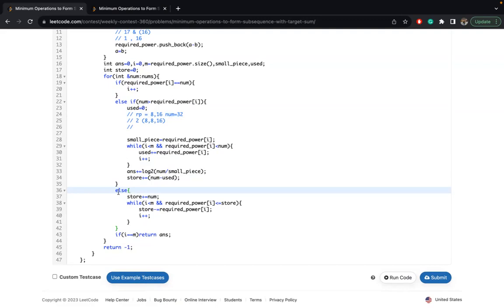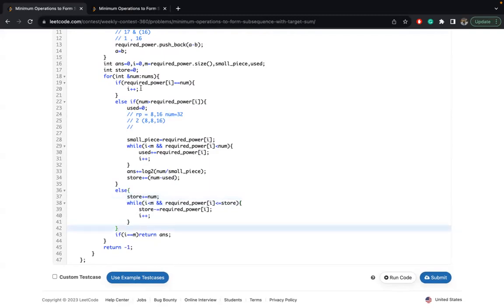And if required power is greater than num, in that case you have to find out storage. If you have some storage, you can use it till the storage is not able to fulfill your required power, then you come out of this loop. Or in either case, if your required power is all fulfilled, then also you can come out of this loop.